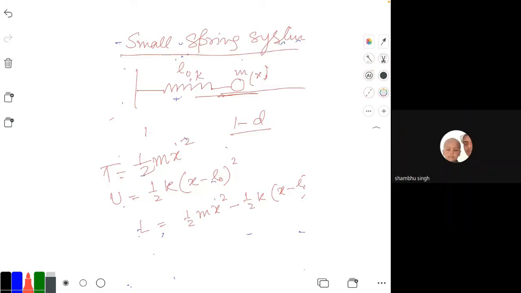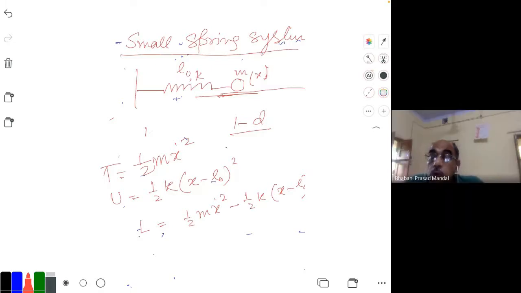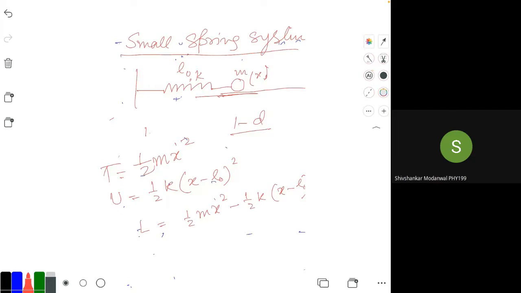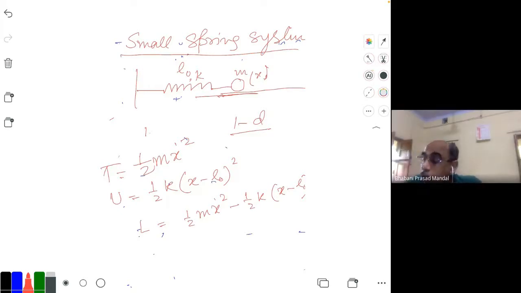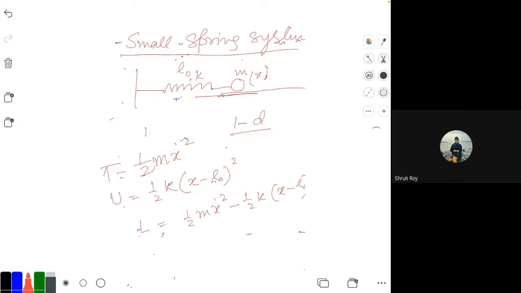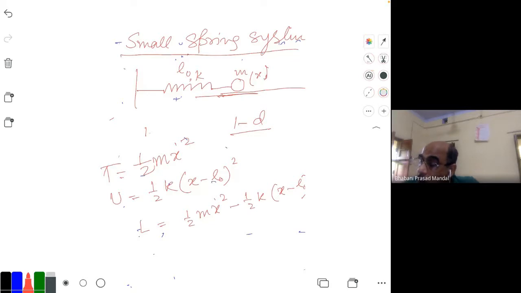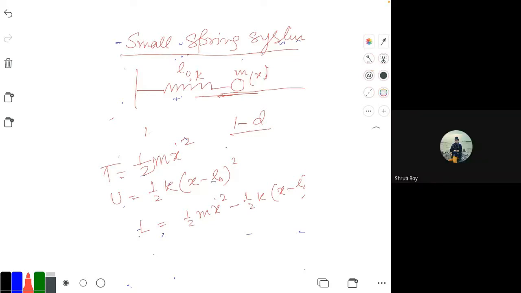Shambhu, 142, sir. 142. Then Shiv Shankar, 199, sir. 199. Shruti, 183. Yes, sir. Shruti Roy, 146.